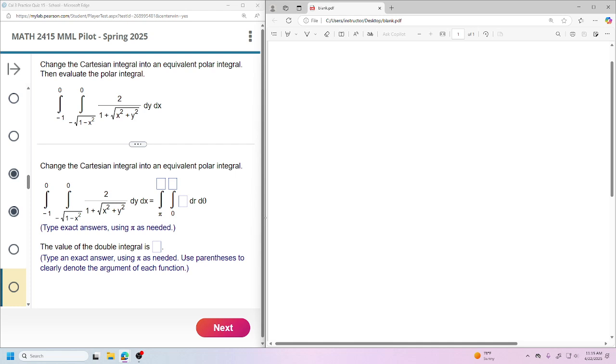So I'm going to write down some of my limits I have here. I got y is equal to negative 1 to 0, so it's basically on the bottom, but then x is equal to negative 1 all the way to 0. So it's only this quadrant 3 stuff where they're both negative.